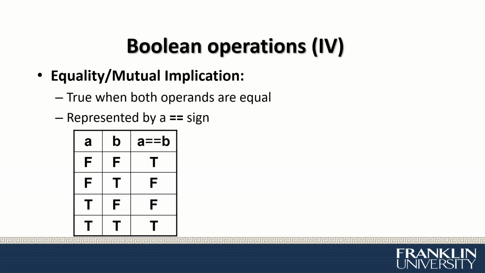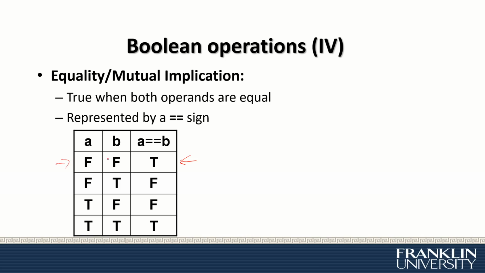If both A and B are Boolean values, then A equal to B is actually an equality, a mutual implication. This is basically like an exclusive NOR. It's true when both operands are the same. As you can see here, this output is true even though both inputs are false.